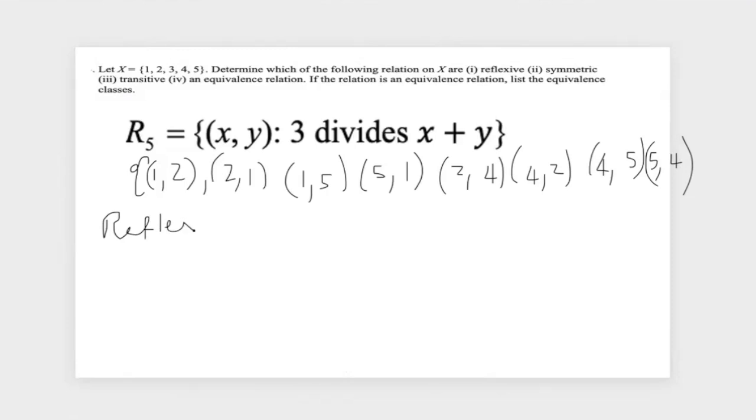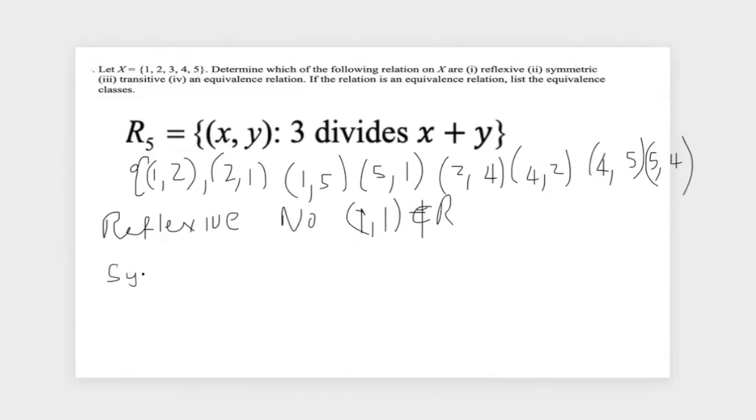In order for it to be reflexive, we have to have (1,1), (2,2), (3,3), (4,4), (5,5). And you're not seeing these in the relation. So the answer is no, because (1,1) is not an element of the relation.